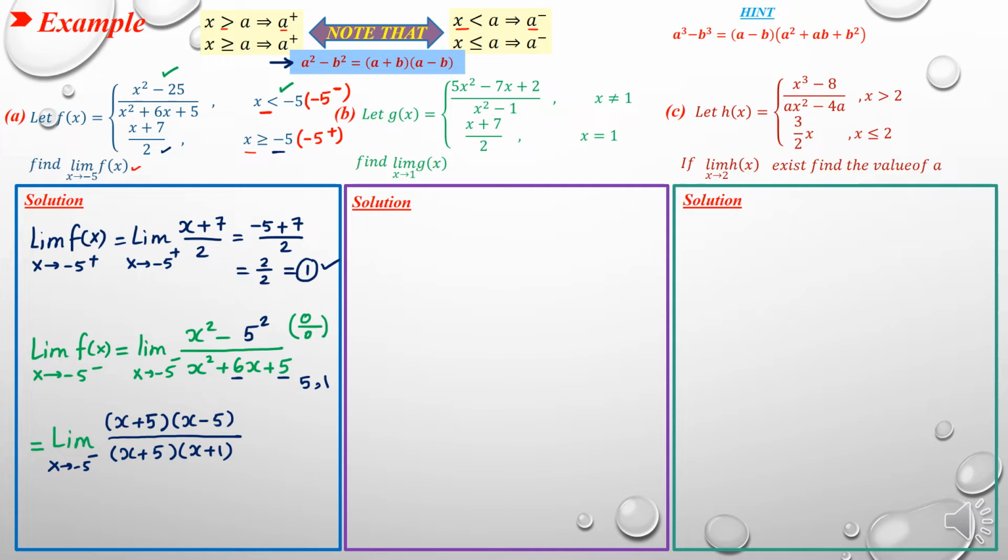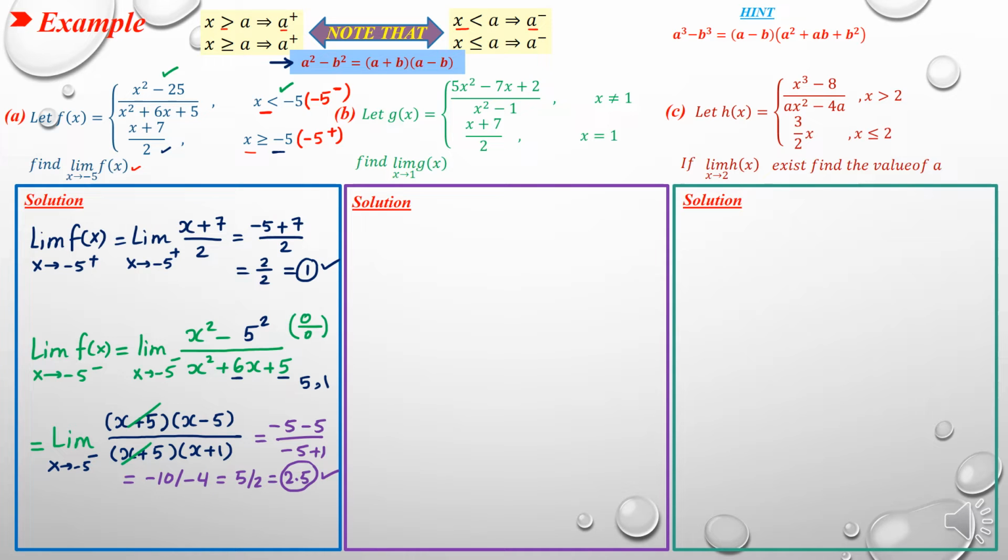Now you have to eliminate x plus 5 with x plus 5, and plug in the value of negative 5 in the inside function, and you will get negative 5 minus 5 divided by negative 5 plus 1. This gives us negative 10 over negative 4, and dividing the numerator and denominator by 2, you will get 5 over 2, which as a decimal is 2.5.